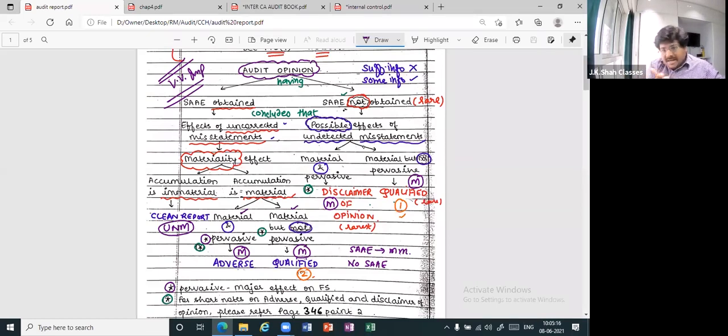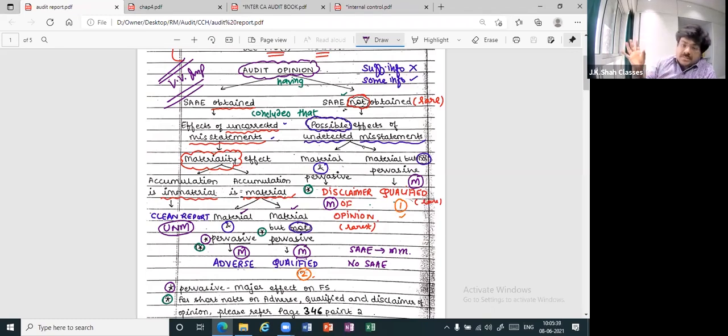If say is obtained, then what you have to check is the effects of uncorrected misstatements. Uncorrected means I told the management to correct them, but they did not correct it. Obviously now you'll have to check how much they are, so you'll check the effect of materiality. Either their accumulation is immaterial or it is material. If it is immaterial, then obviously you give a clean report because it is hardly there.